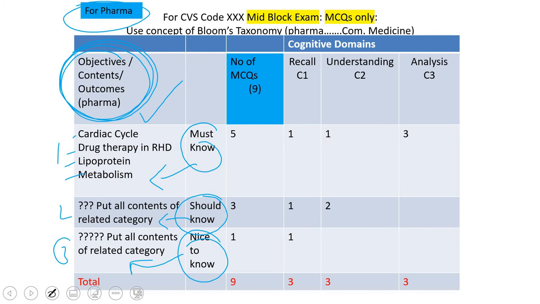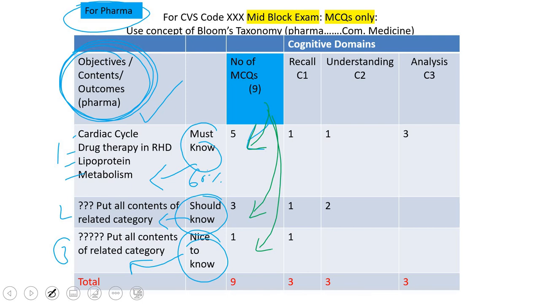Remember, now the number of MCQs are allocated here. If 60% is for this, as per the formula, out of 9, 5 MCQs will be there, and the 30% means out of 9, 3 MCQs will be there, and 10% means out of 9, 1 MCQ will be there.